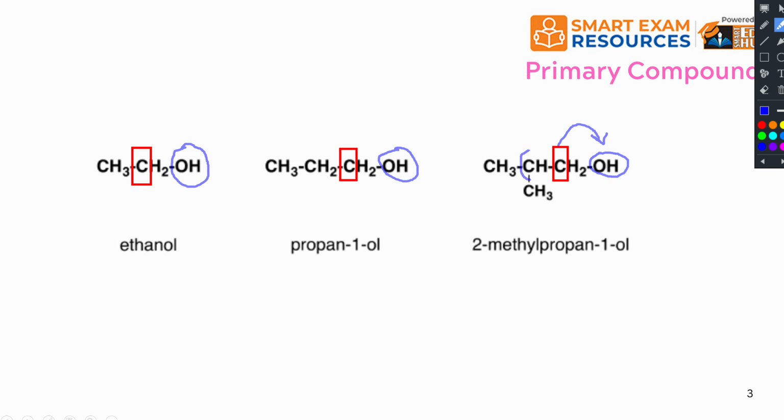So yes, it is bonded to just one other carbon atom here. It is also bonded to one other carbon atom here. And it is also bonded to one other carbon atom here. So that means all these three compounds, that is ethanol, propan-1-ol and 2-methylpropan-1-ol, all of these are primary compounds and these are 1-degree alcohols.